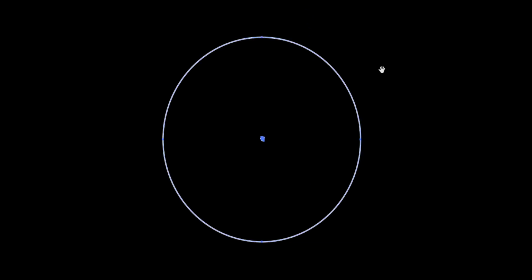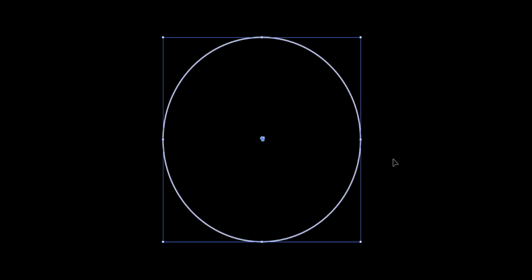Let's do an example. This is our example. So let's just draw it the way we did it earlier. There's a radius, and there is a chord that's perpendicular.